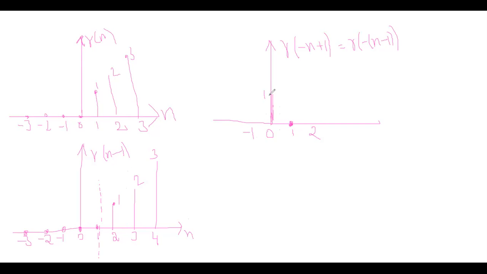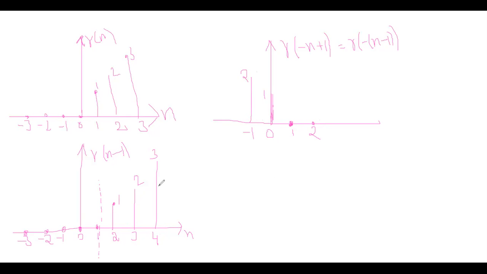When n is equal to 0, the value is, and what is at 1? The minus 1 value will appear at the 2, because it's a folded version. So 2 will get here, and the 3 value of x of n minus 1 appears at minus 2, and it is a 0.